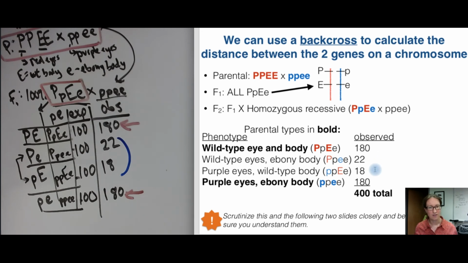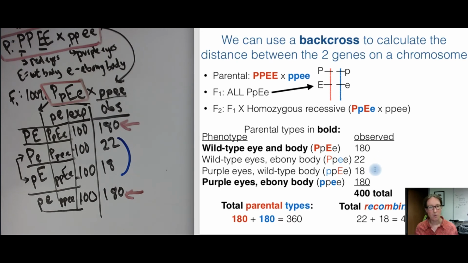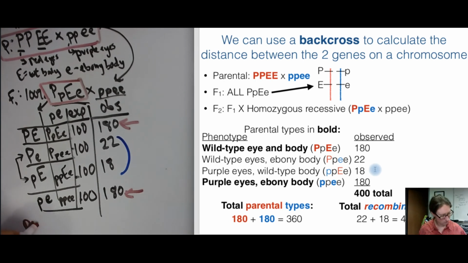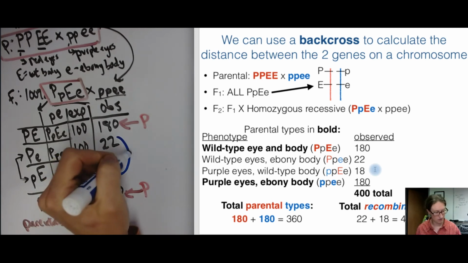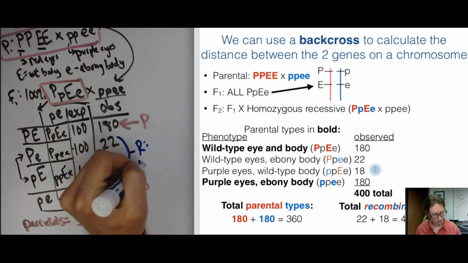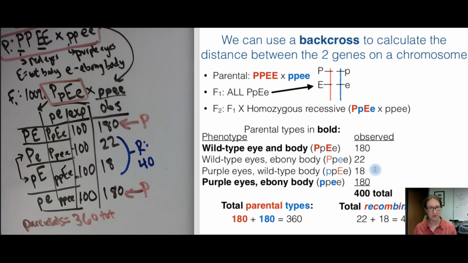So from here, our total number of parental types is 180 plus 180. So our parentals, we got 360 parentals total, right? And for our recombinants, we've got a total of 40 recombinants here, okay?